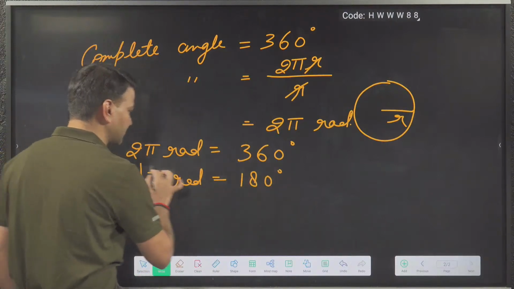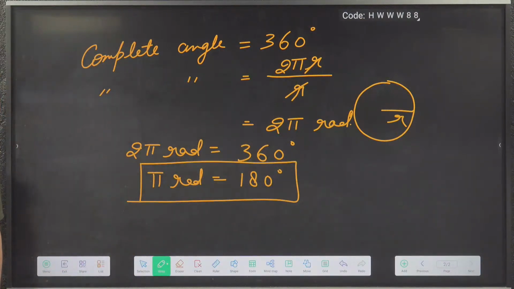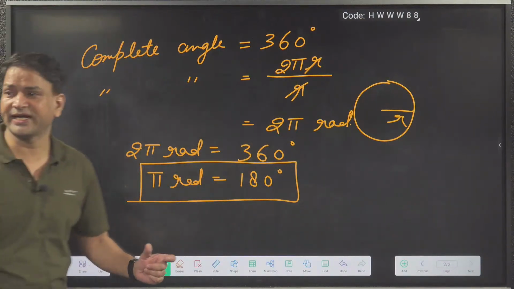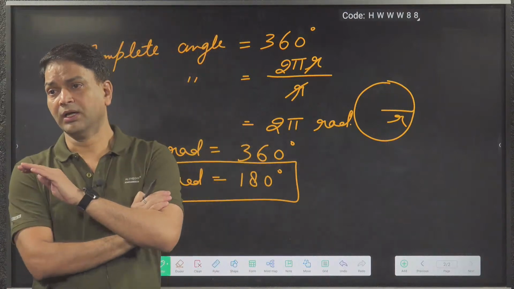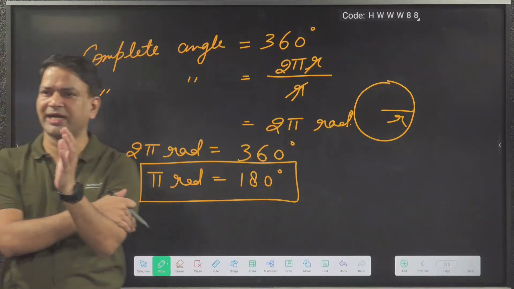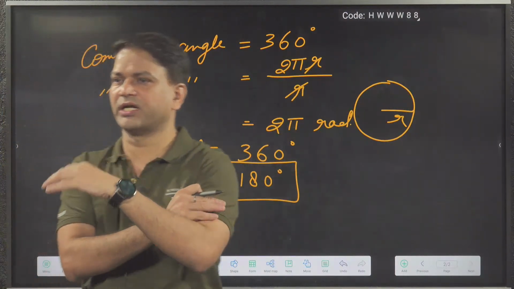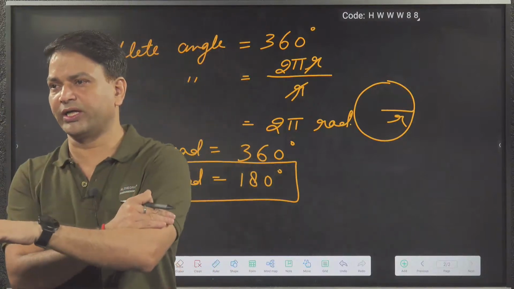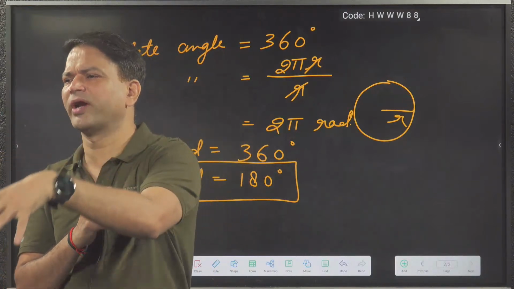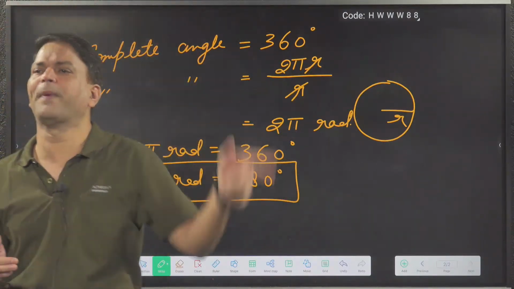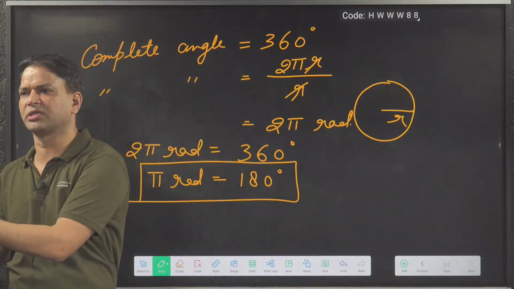Maybe you know this relation. This is the conversion relation, if we need to convert degree into radian or radian into degree, we can use this: pi radian is equal to 180 degree. Otherwise you can remember 2 pi radian is equal to 360 degree.